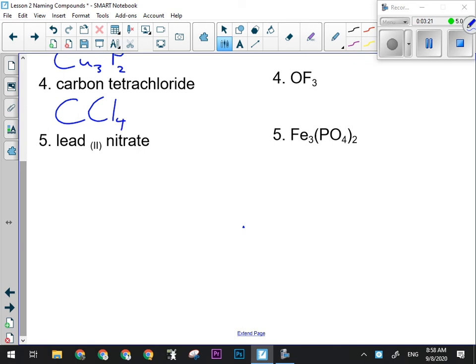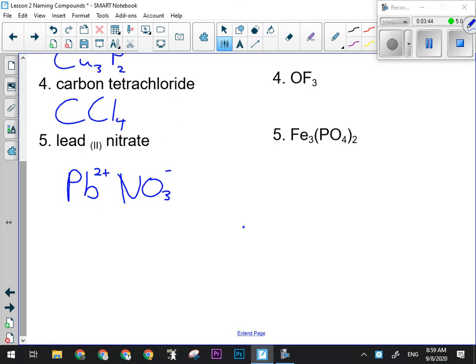Is that ionic or molecular? It's ionic. What does the Roman numeral tell me about lead? It's a 2+ charge. Then I've got to write nitrate. That's a polyatomic ion, so I look up nitrate in my table of polyatomic ions, and it's NO3, and it has a -1 charge.